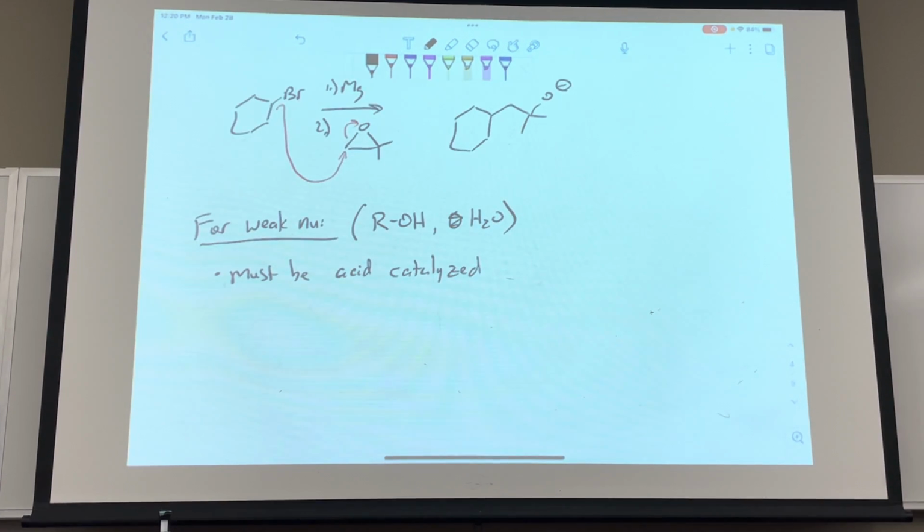Okay, because what's going to happen is if you throw in H+, as you could probably predict, the oxygen is going to go grab the proton.